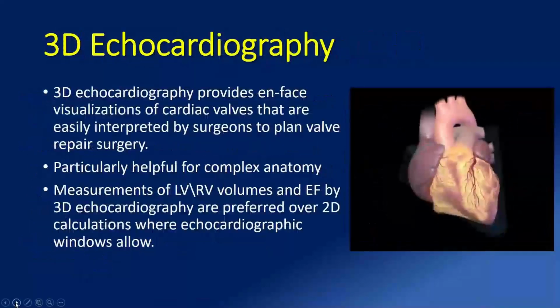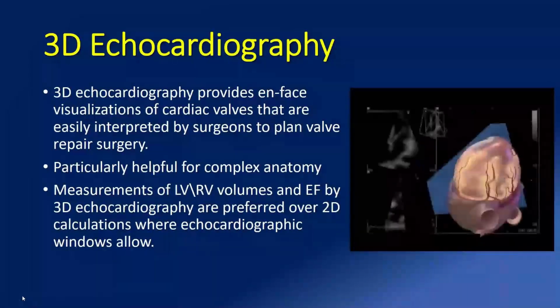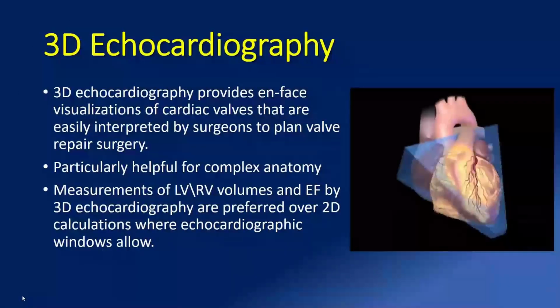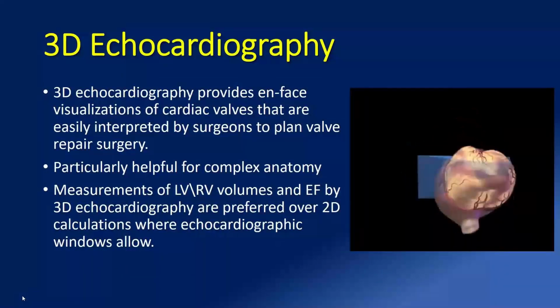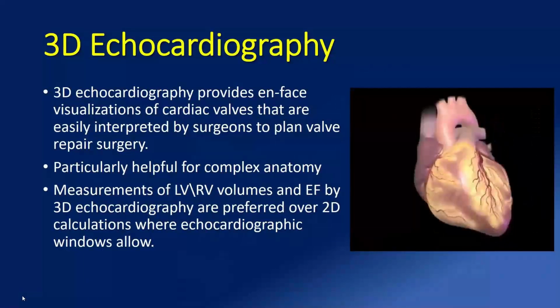3D echocardiography provides en face visualization of cardiac valves, which is very easily interpreted by surgeons, and this helps a lot in discussing patients and in taking decisions once we have a clear picture of the patient. 3D echocardiography is particularly helpful to give us details in terms of complex anatomy, especially when we want to understand the relationship with neighboring structures.